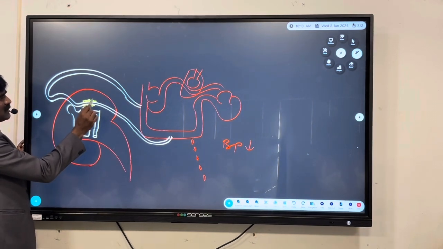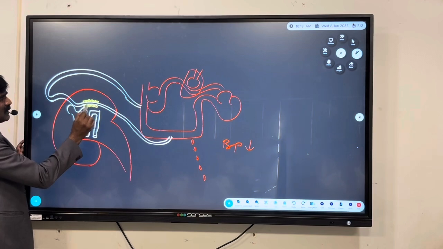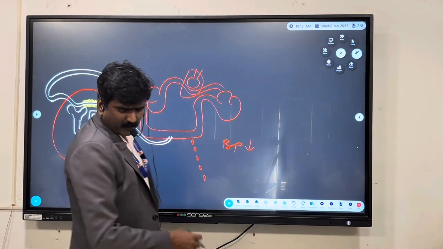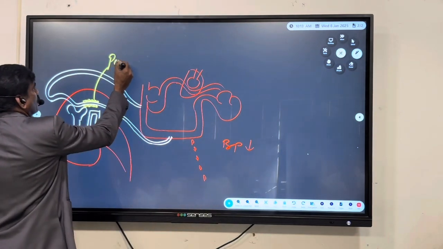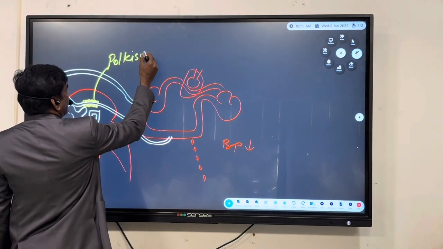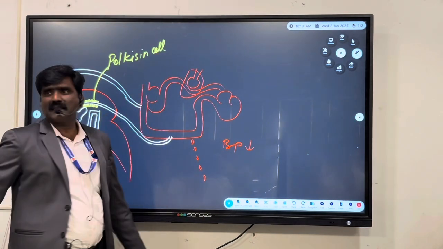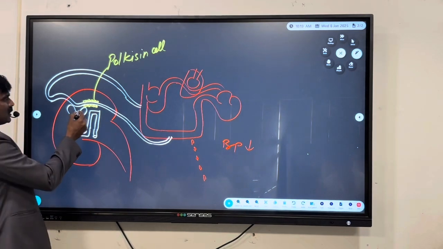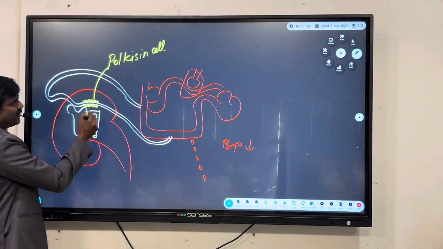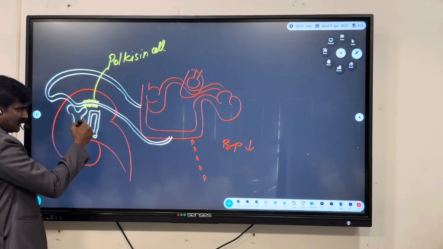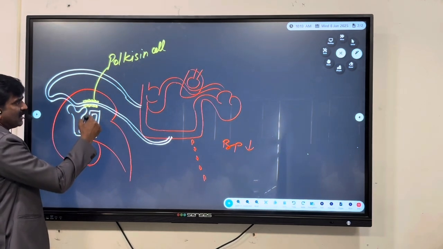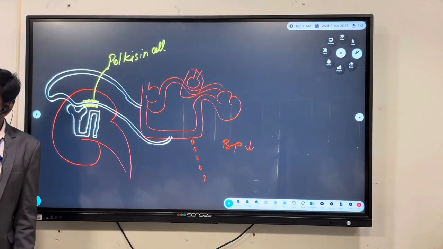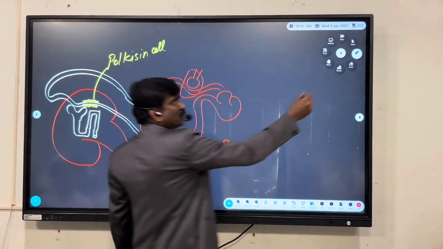And these modified cells are called Polkissen cells. Polkissen cells, right? And what is this? Glomerulus, efferent, and after the loop of Henle, the distal convoluted tubule. The smooth muscles of the distal convoluted tubule are also modified.